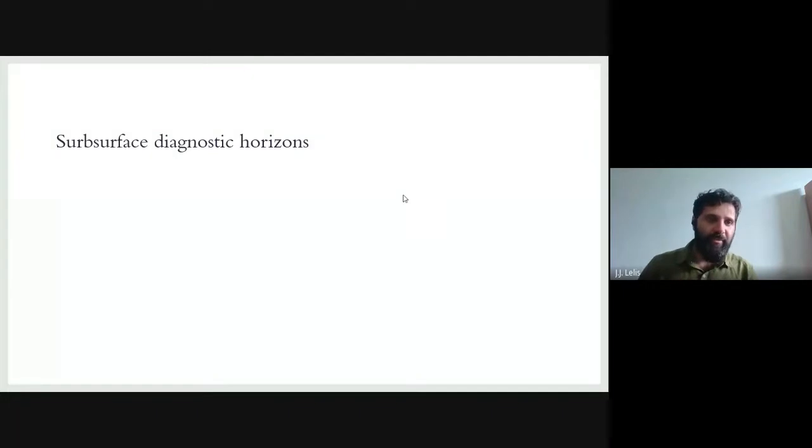And the subsurface horizons are very important to us, because in general, we classify soils following their presence or not. So if we have an Argic horizon or a Ferralic horizon or a Cambic horizon or Gleic properties in the subsurface, we use this information to classify soil, okay?